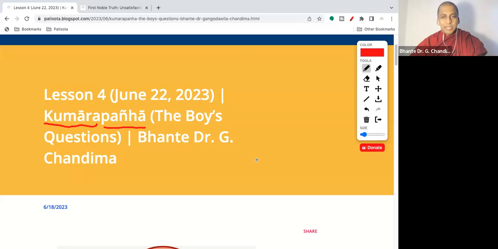Has anybody ever heard any similar Pali term, probably with Pañhā? Have you ever heard a book called Milinda Pañhā? Milinda Pañhā is a book. We can write it like this.